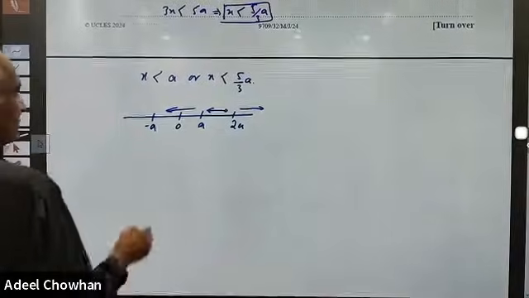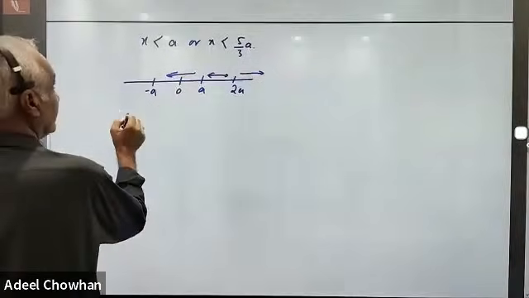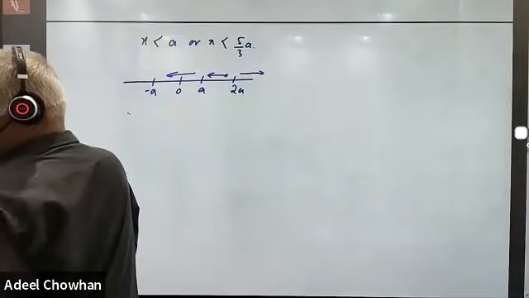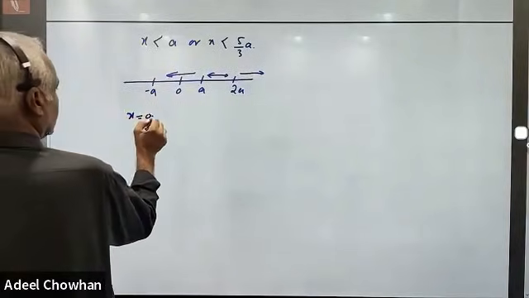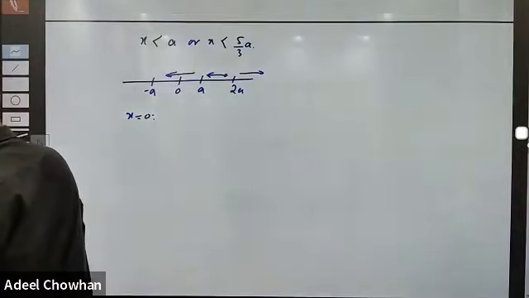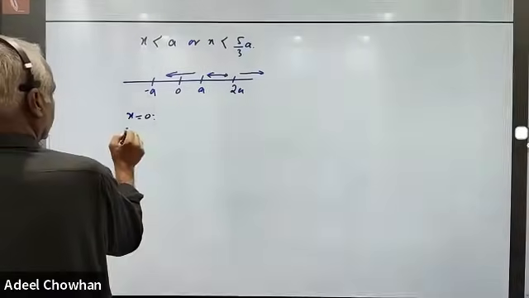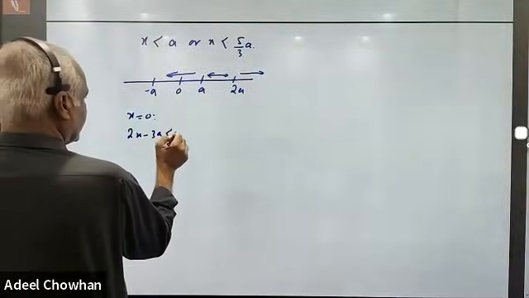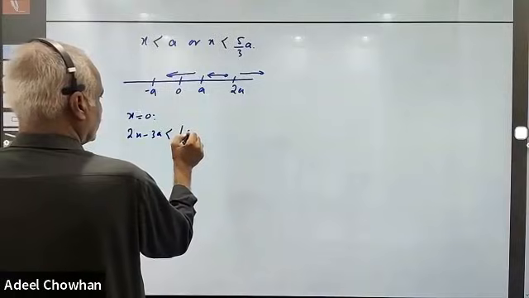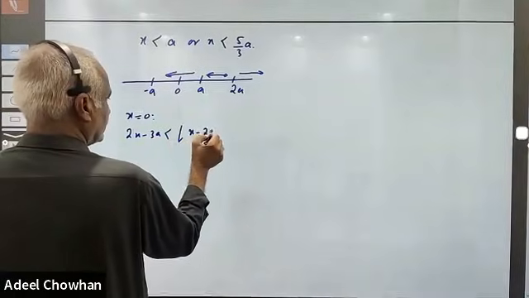So you will first find x is less than a. So put x is equal to 0. Then 2x minus 3a is less than modulus of x minus 2a.